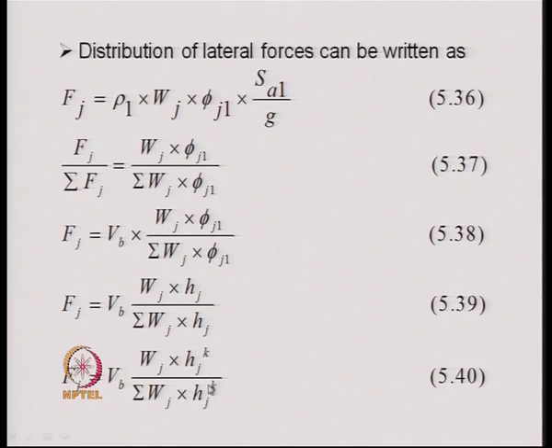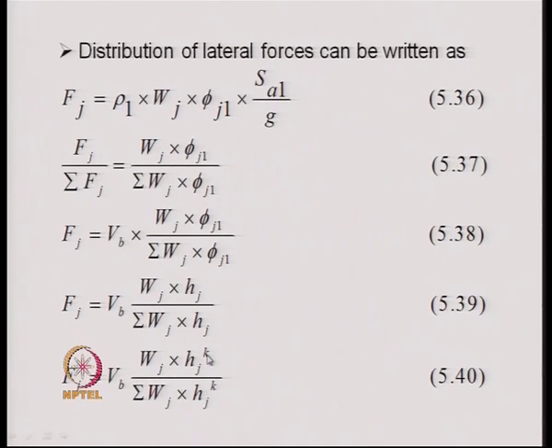k is a coefficient, and if it is 1, then it is a linear variation, and if it is other than 1, then the variation becomes non-linear. That is, in that case the first mode shape is assumed to be a non-linear variation. So, in the case of k equal to 2, it becomes a quadratic variation.